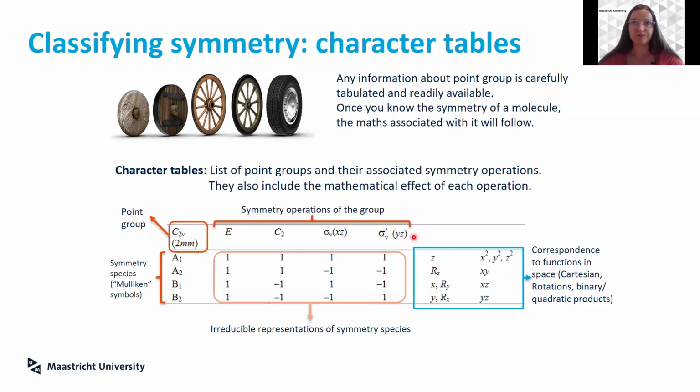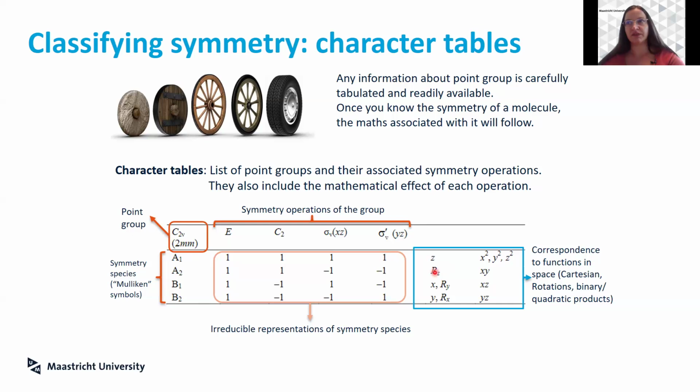Then associated with this table, there is a lot of additional information, which are the symmetry species with the Mulliken symbols associated with this point group, the irreducible representation for every one of the symmetry species, and the Cartesian functions associated with all of these species.